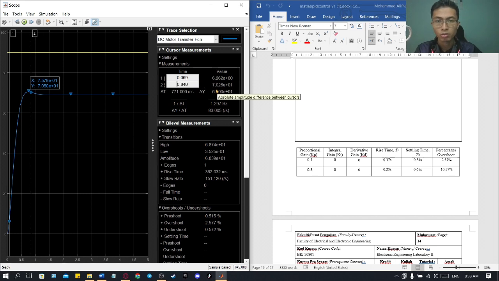Then we get the percentage overshoot. Make sure it becomes a percentage because it is required. Okay, this is for proportional gain KP equals 0.1.